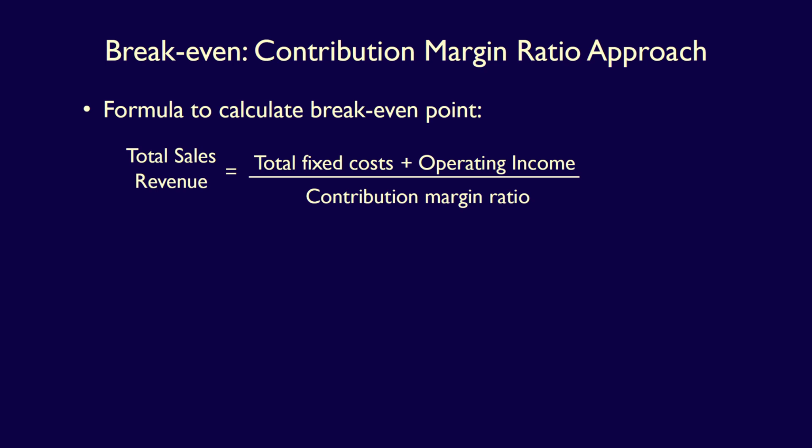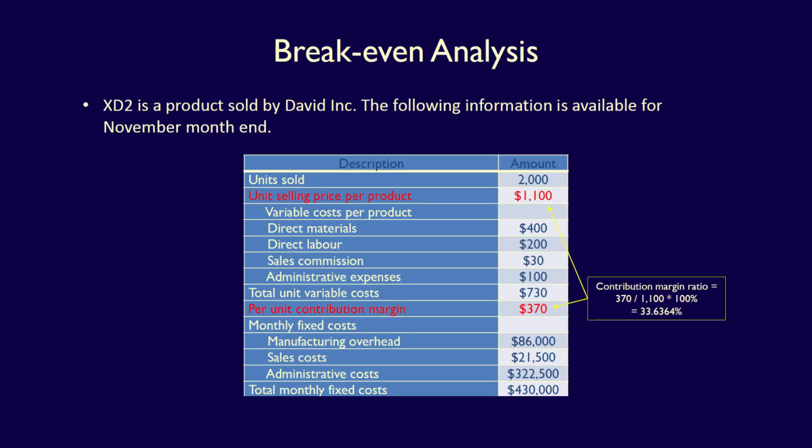Total sales revenue is equal to total fixed costs plus operating income all divided by the contribution margin ratio. In this case, notice that the denominator is the contribution margin ratio. Recall that we can calculate the contribution margin ratio using either per unit information or total information. Since we have the per unit information available, we'll use that in order to calculate the contribution margin ratio.